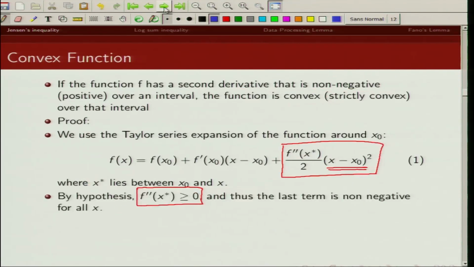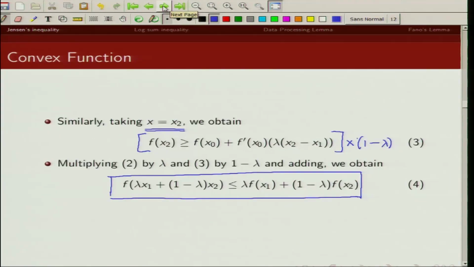Now go back and see what we have arrived at. We have arrived at the condition where the function evaluated at x naught is less than or equal to lambda f of x1 plus 1 minus lambda f of x2, and this is from the result which I have just shown you, this is the condition for the function to be convex.